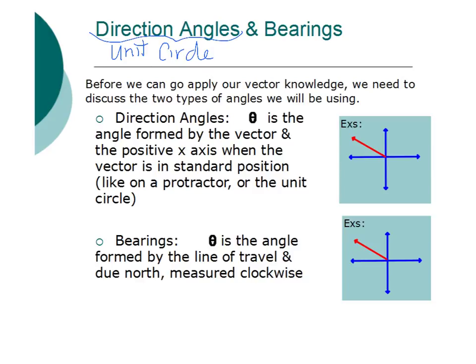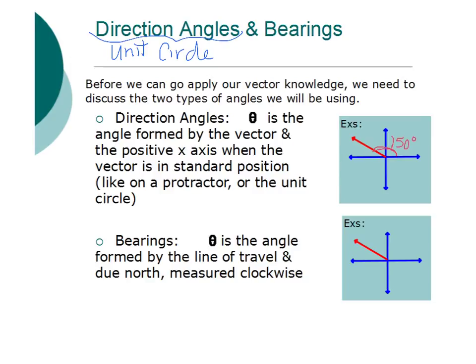Theta is the angle formed by the vector and the positive x-axis. That's this angle right here. Let's make up a number for that. Let's call it 150 degrees, because that's kind of what it looks like it might be.